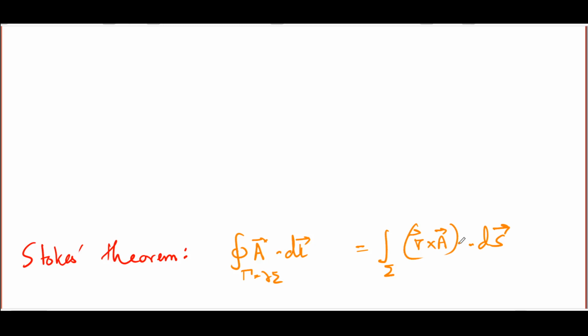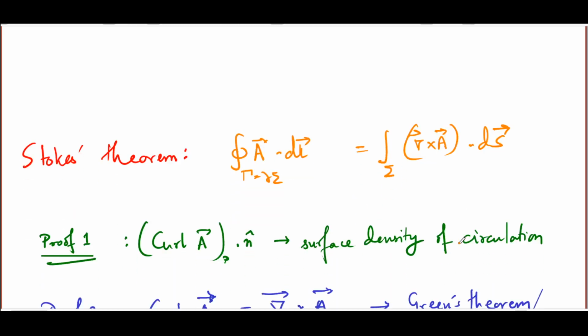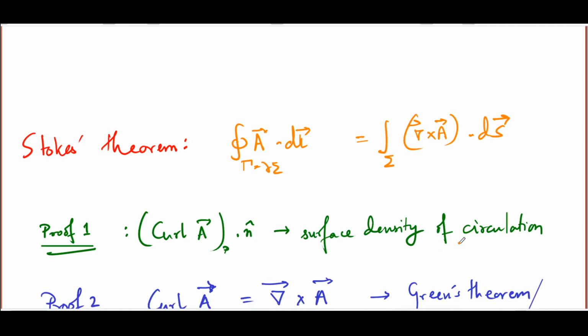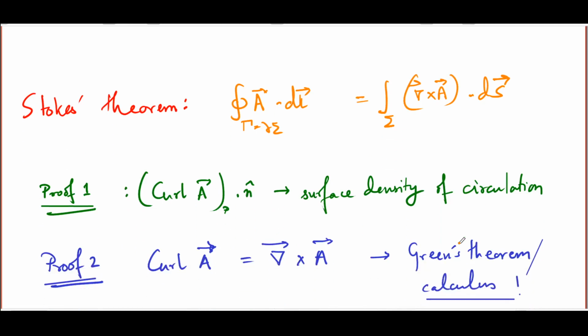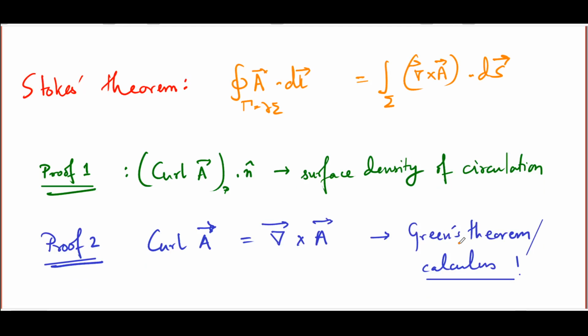The first one used the basic idea that the projection of curl of A in a given direction is the surface density of the circulation in a plane normal to that direction. And the second proof was based on a more algebraic idea that curl of A has components which are given by the cross product, so to speak, of the nabla operator with A. We then went on to use Green's theorem, basic calculus, and connection between double integrals and surface integrals and so on to establish Stokes' theorem from there.